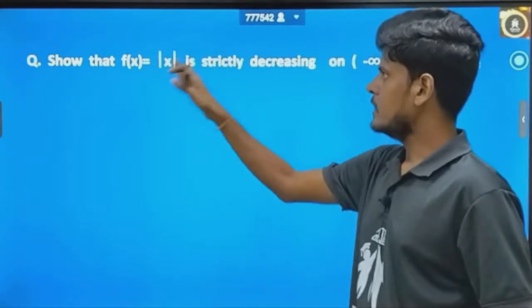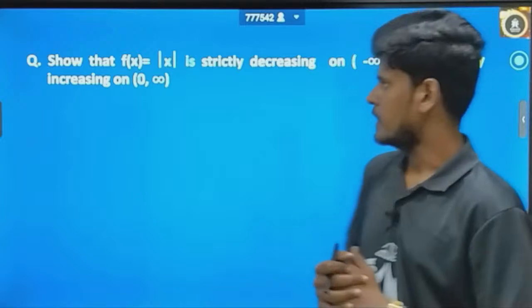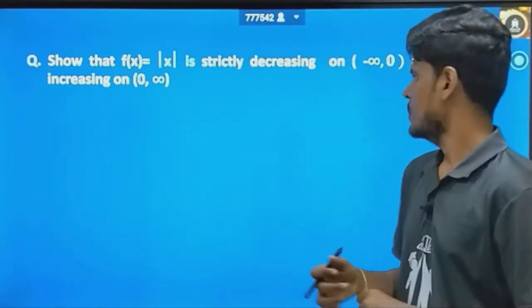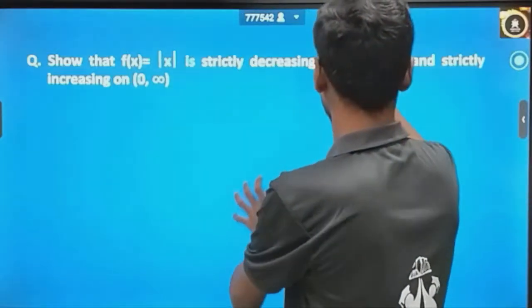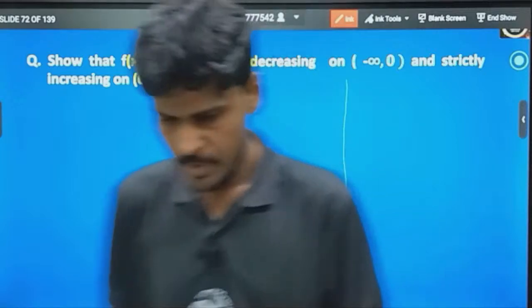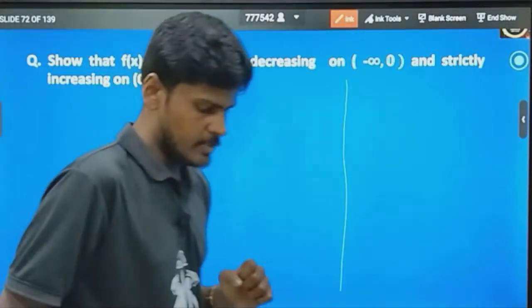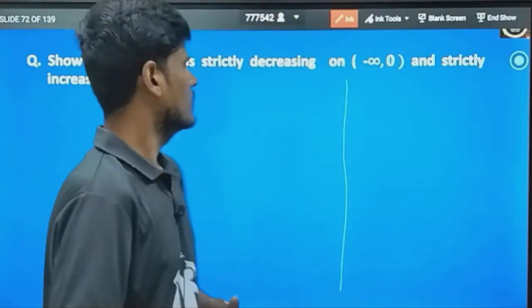Next question. Show that f of x equal to mod x is strictly decreasing on the interval and increasing on the interval given. Now the first step, f of x is mod x. What we need to do first is to try to break the modulus function into different parts.